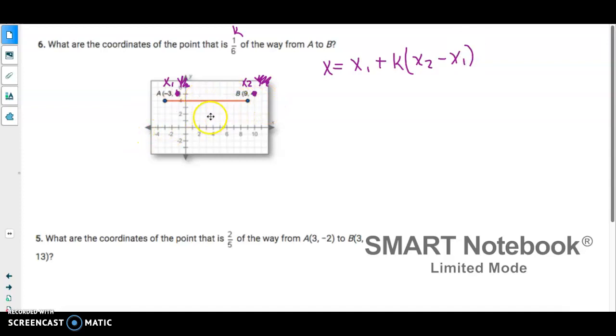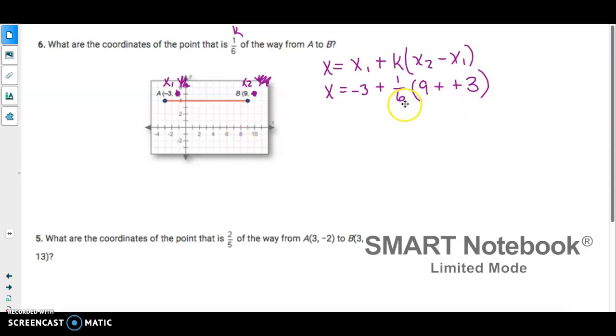We just did it more visually. So when I plug this in, for this formula, it's going to be x is equal to, my x1 is -3 plus my k is 1/6 times my x2 is 9 minus -3, my x1. Remember, 2 negatives in a row make a positive.